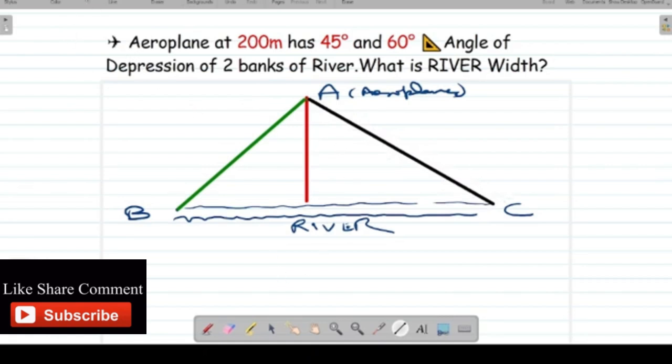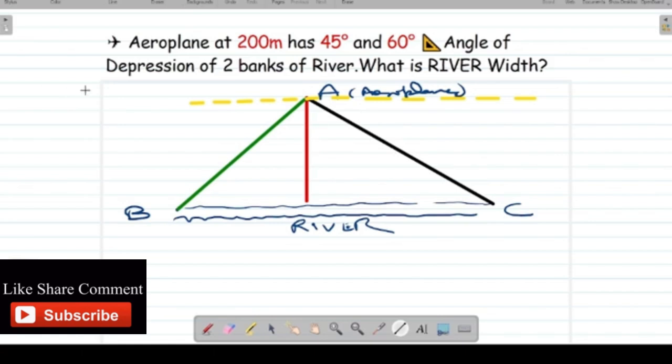First, mark the question very properly. If you draw the question properly, then you will be able to solve it very easily. What is the angle of elevation and what is the angle of depression? Angle of depression will be there when we see some point which is downward from the height of our eyes. If we see something downward, then there will be angle of depression.